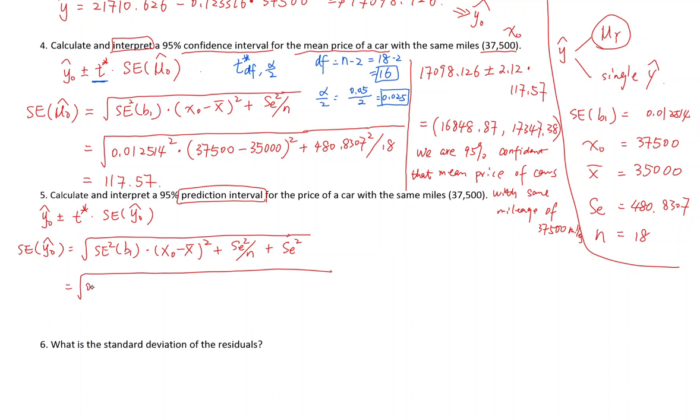So we have 0.012514 squared times 37500 minus 35000 squared plus SE, which is 480.8307 squared over 18, but we have an extra term, which is 480.8307 squared.